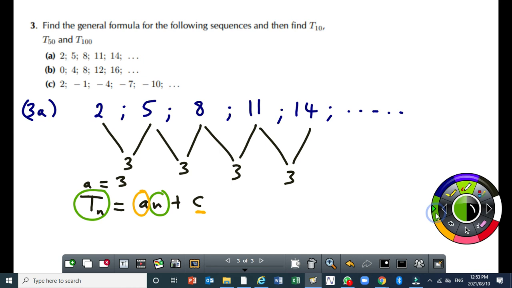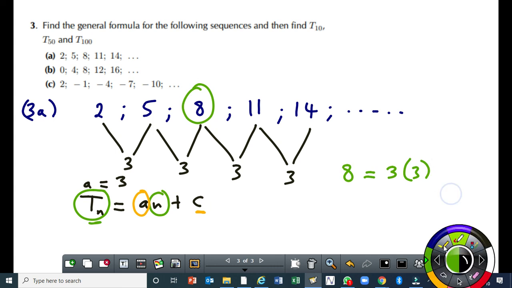Right? It's your choice. So where there is Tn here, I'm going to put 8. Where there is A, I'm going to put 3. Where there is N, I'll put 3, because 8 is the third term in that sequence. Then plus C. So I need to calculate what C is.